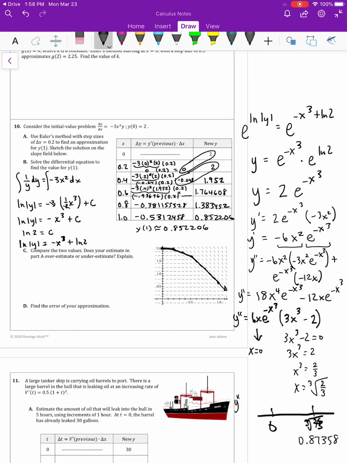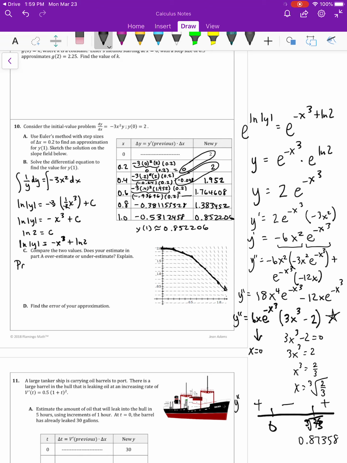And then if you looked at the sign of y double prime, I just put this function in my calculator and looked to see when it was above the x-axis and below, and it was above it to the left of 0, it was below it to the right of 0, and then it went above it again after that critical point. And so you can see that it's concave down from 0 to 0.87358.